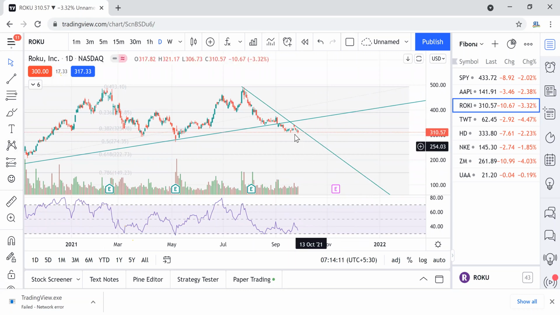Now, let's say we break out of this trend line and go higher. Is it fair to say that maybe by November end, we will hit the 236 retracement?